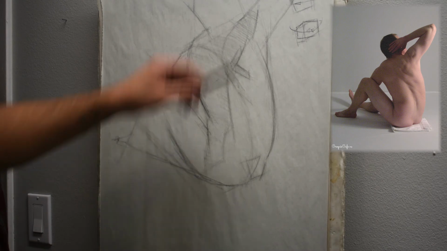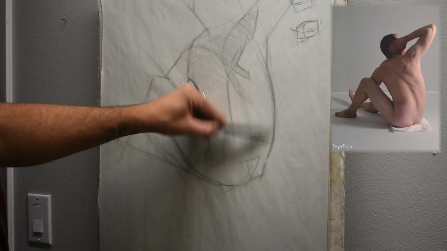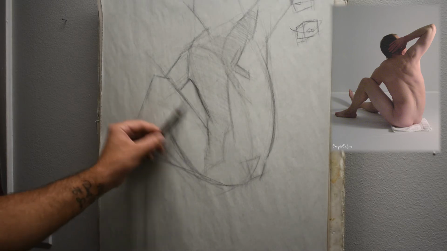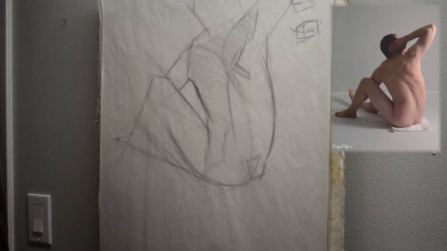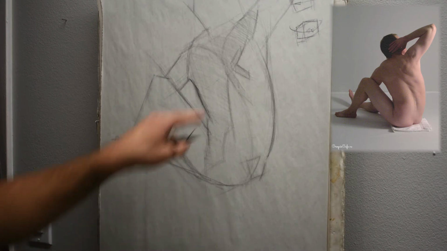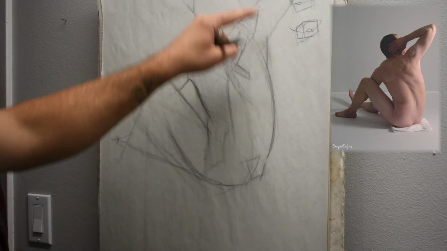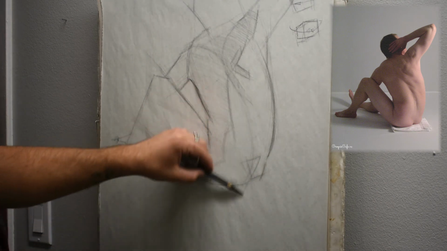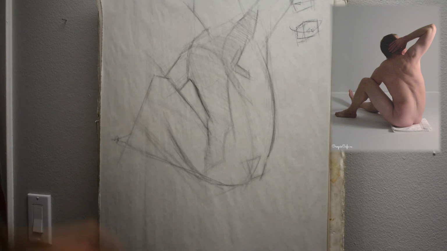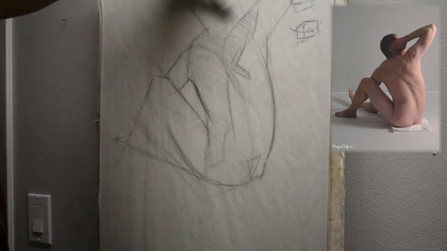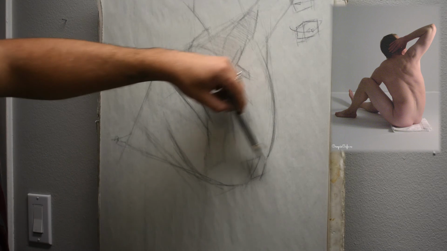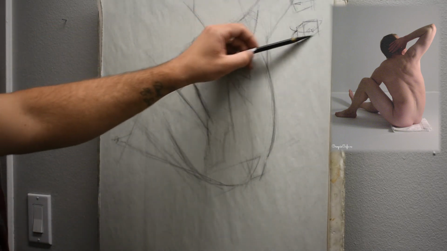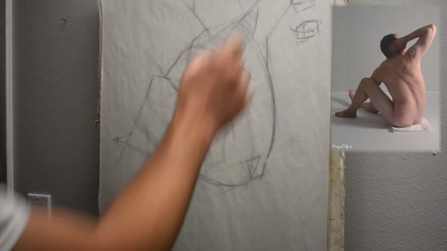Alright, so that's a 10-minute, very gestural still. But yeah, again, I was going for this big information first, right? This became one big shadow shape, this one big light shape, a little bit of our landmarks here, but for the most part, I was finding this tilt here, I was trying to find this tilt down here, and I was thinking about the three-dimensionality, the twist that's happening here.